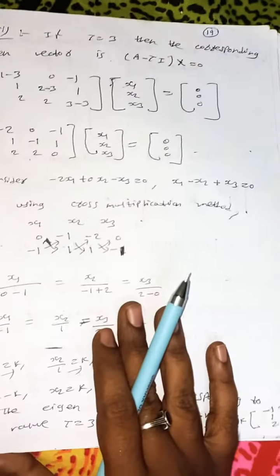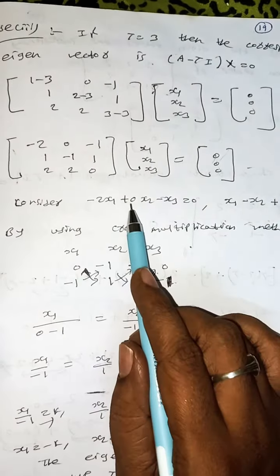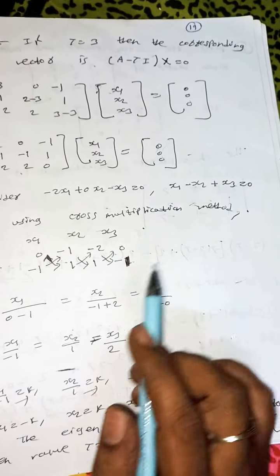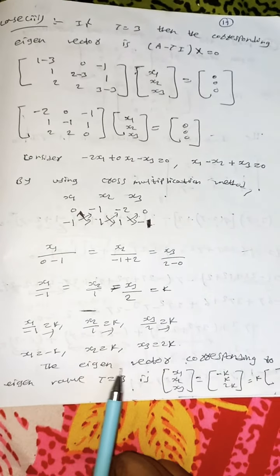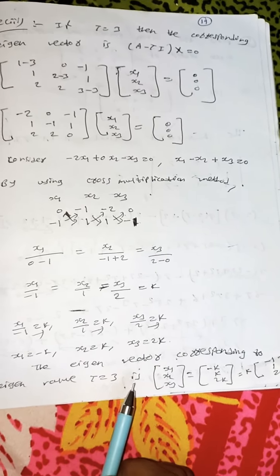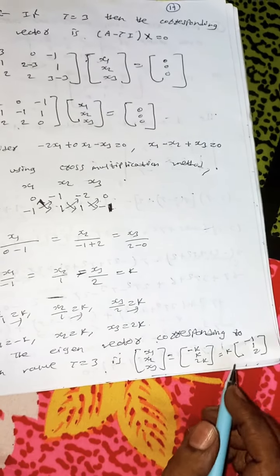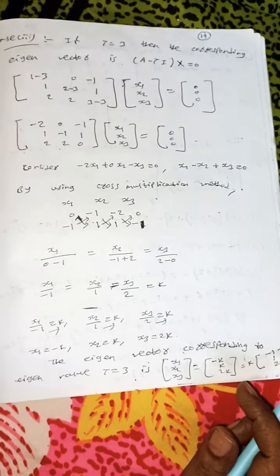Solve these equations by cross multiplication. x1, x2, x3: 0, minus 1, minus 2, 0; and minus 1, 1, 1, minus 1. If you do the simplification you will get the values. Therefore the eigenvector corresponding to lambda equal to 3 is minus k, k, 2k. Take k outside and you will get minus 1, 1, 2. So the problem is completed.